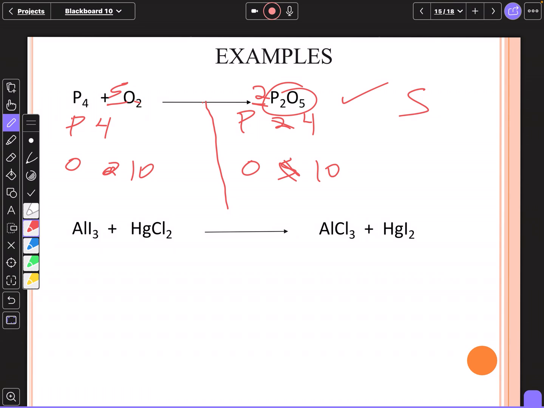Now, on this last one, I'm going to balance it. I'll draw my line in the middle. Now this is made up of aluminum, iodine, mercury, which is Hg, and then chlorine.